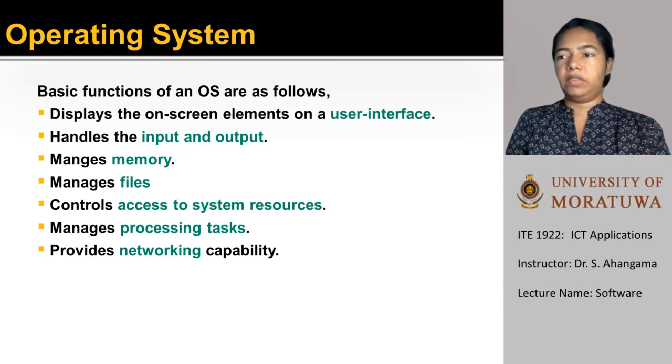Manage resources. The operating system coordinates all the computer's resources, including input-output devices, secondary storage devices, and memory. For instance, it controls how memory is accessed and maximizes available memory and storage.